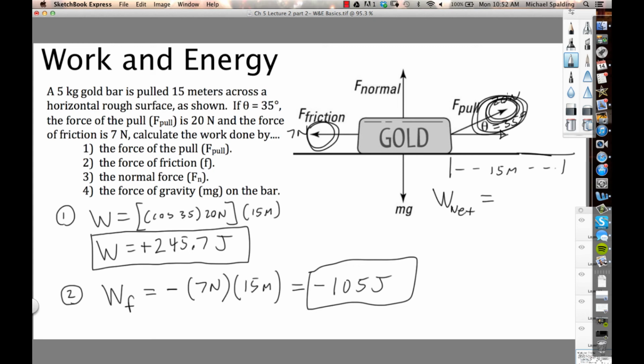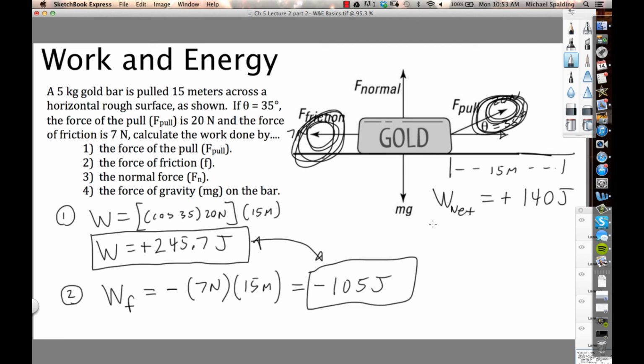The pull force does work and friction does work. The net work would be these 2 added together, which would come out to be positive 140, around there.